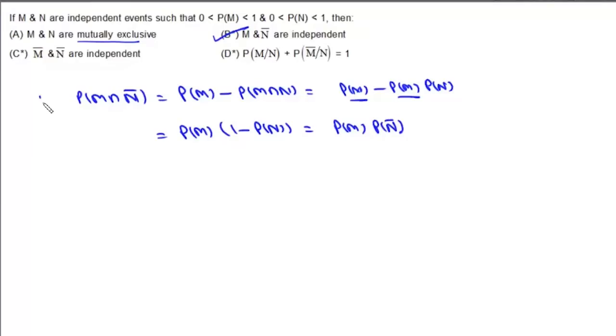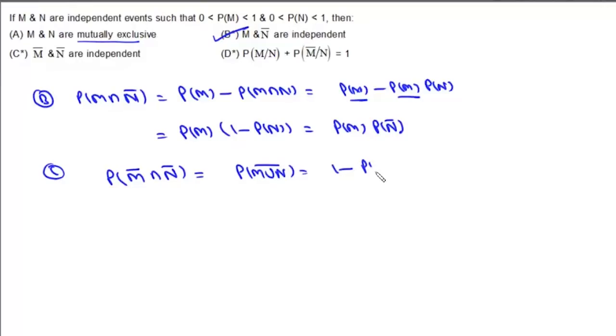Now if we look at option C, then we need to find the probability of M naught intersection N naught. Now probability of M naught intersection N naught is probability of M union N whole naught.